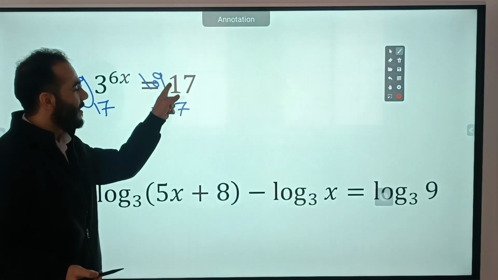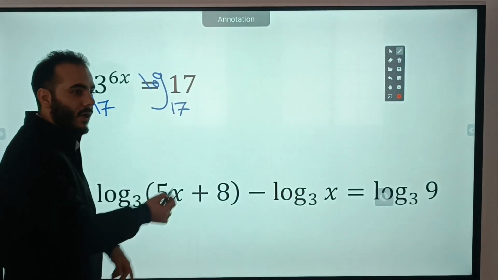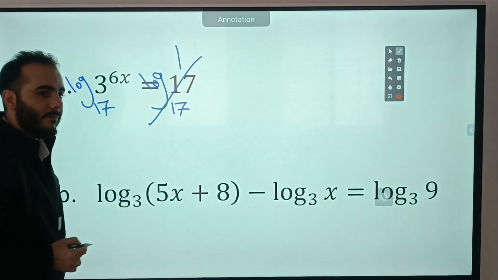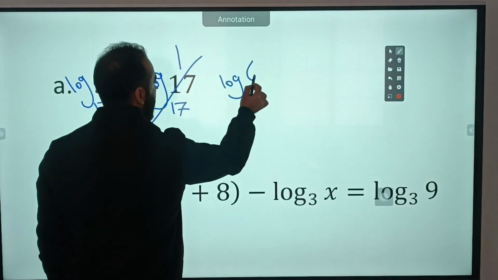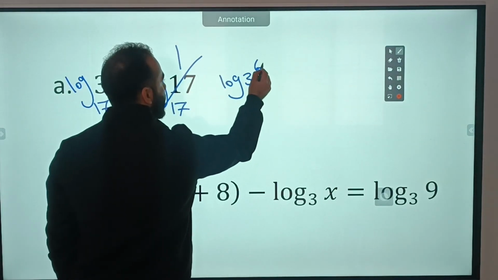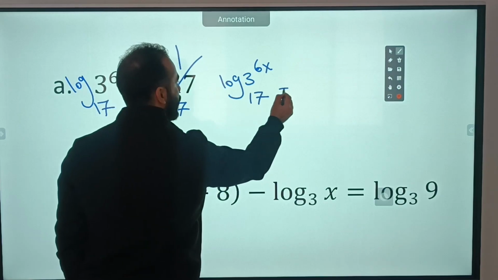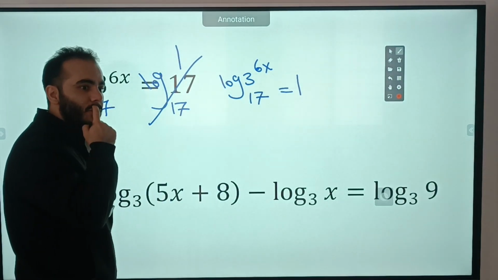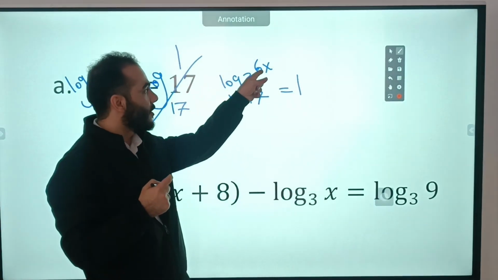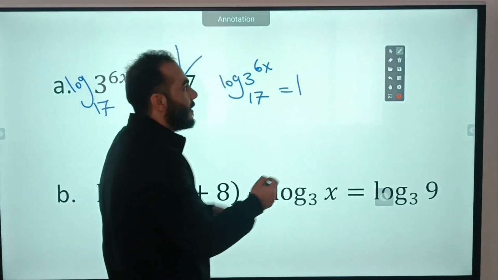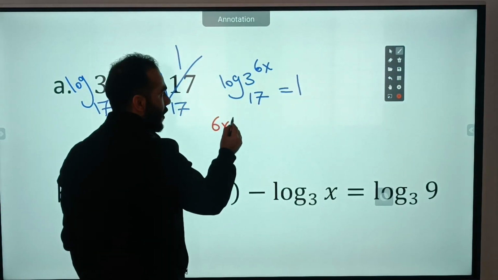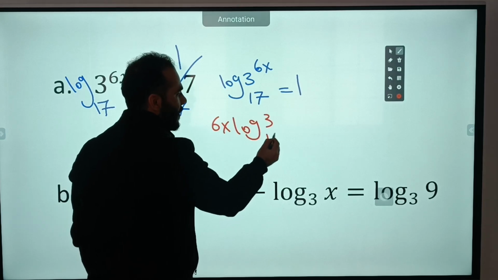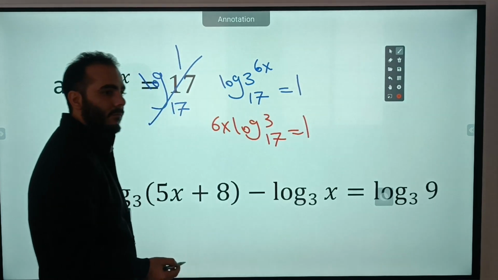There was a property that says if the exponent and the base are the same thing, the logarithm equals 1. So let's rewrite this: log base 17 of 3 powered by 6x equals 1. As well, we had a property that if there is an exponent, that exponent comes in front of the logarithm. So we can write it this way: 6x log base 17 of 3 equals 1.